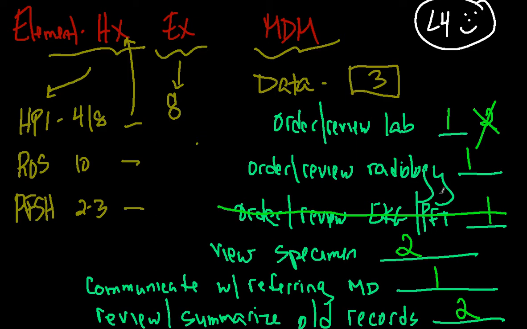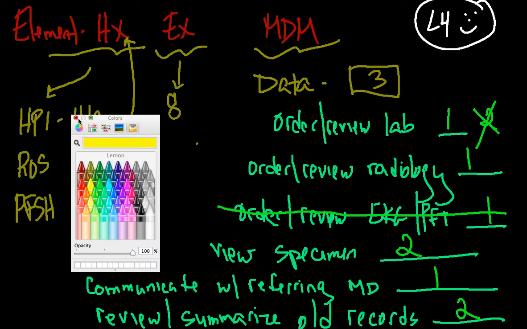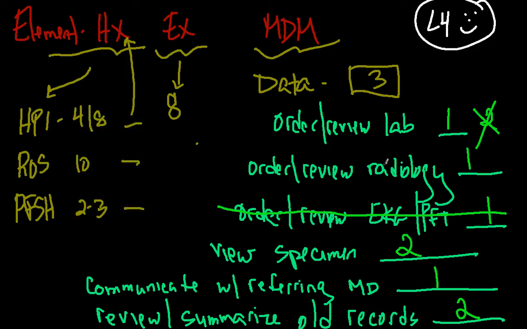Now let's walk through this with some examples to determine how you can get 3 points in your data component so that you put your MDM element in position for level 4 billing. So let's change the color here. Say you have a new patient. You're probably going to order some tests, so that's 1 point.